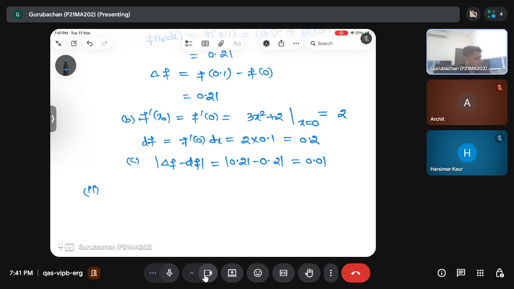In the second part, we need to do the same. Our given function fx is x minus 1, and our point is x equal to 0.5, and our dx is 0.1.